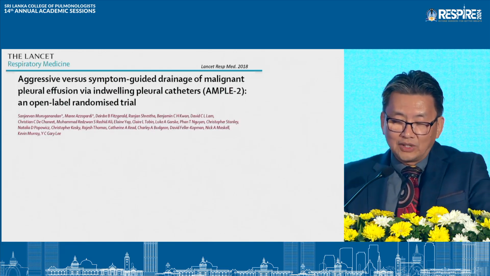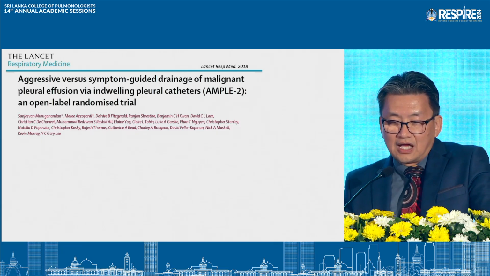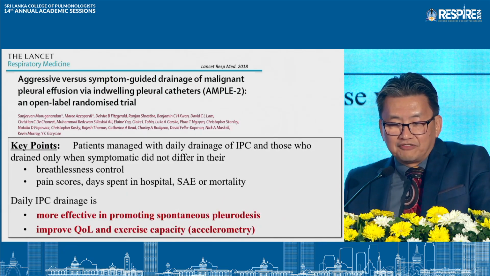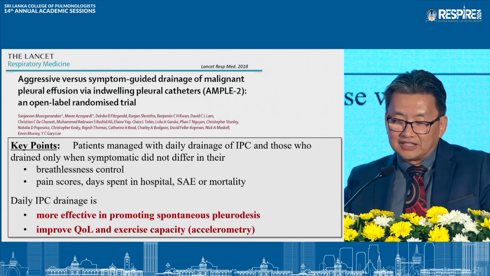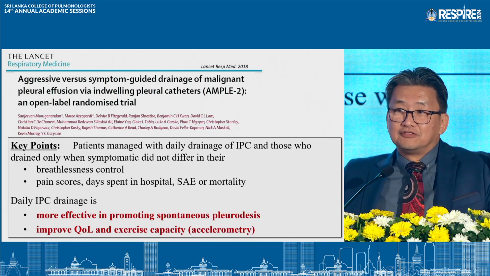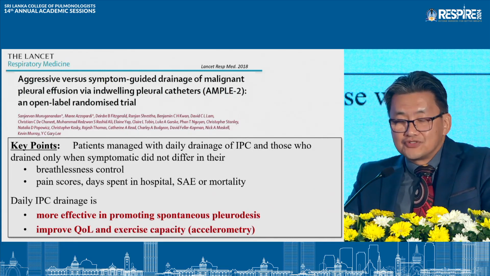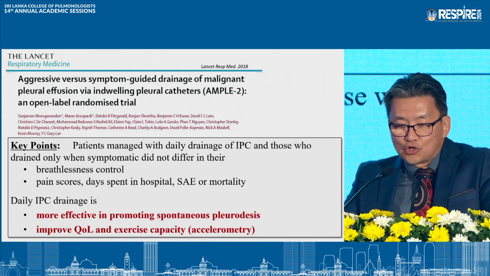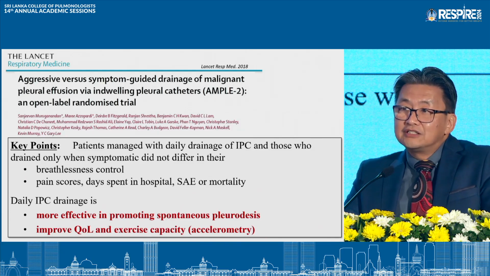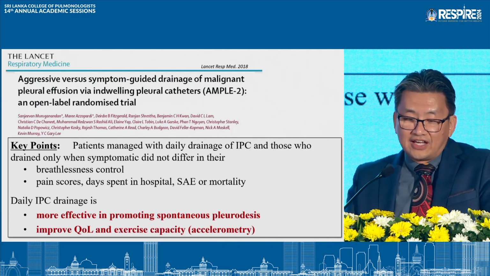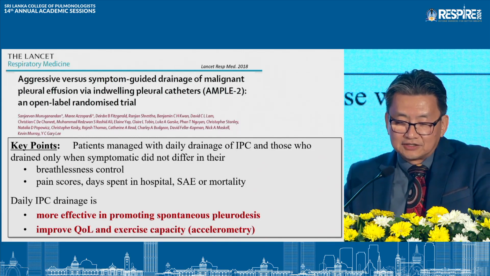We then went on to look at how well we can manage the indwelling pleural catheter, and that's the subject of AMPLE-2, which was published in Lancet Respiratory Medicine. What we found was that if we randomize the patient to daily drainage of the fluid versus drainage only when they're symptomatic, there was no difference in the breathlessness control or pain scores, etc. But if you drain the fluid daily, which means that you keep the pleural cavity very dry, there is a much higher chance of spontaneous pleurodesis.